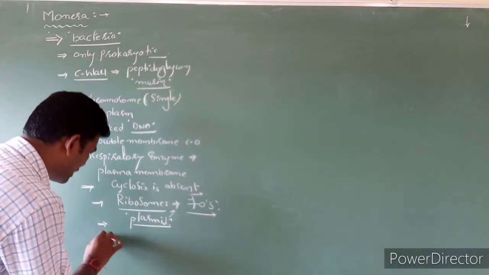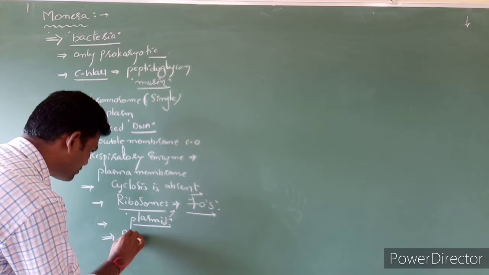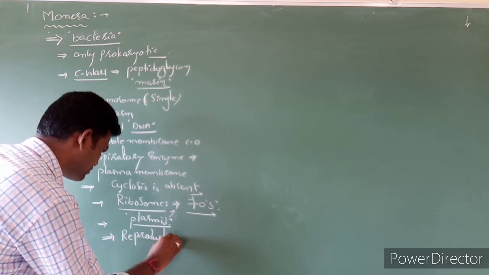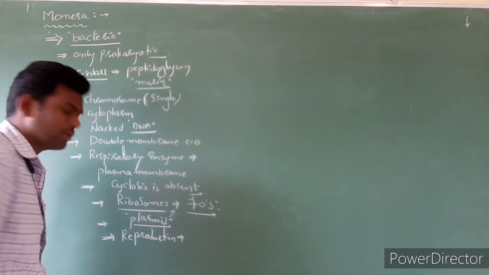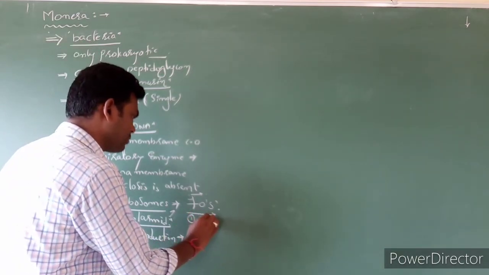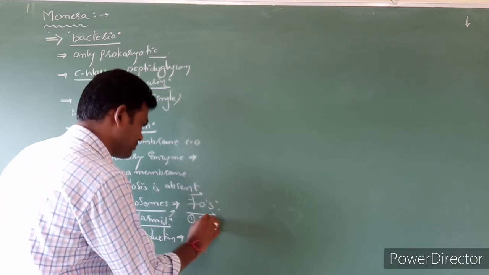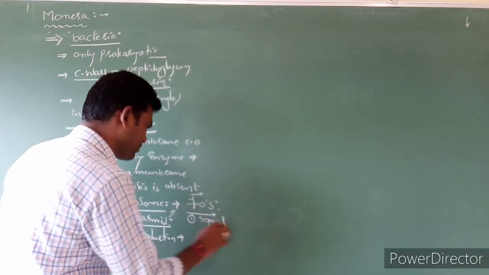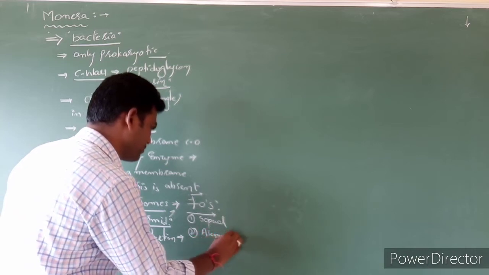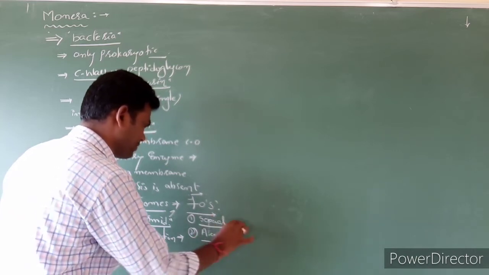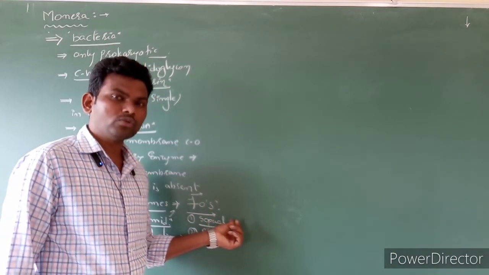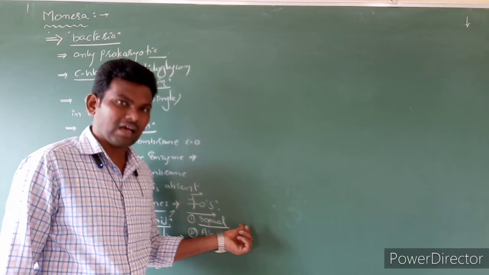Next, reproduction. Reproduction, you know, is mainly sexual reproduction and asexual reproduction. In bacteria, true sexual reproduction is actually absent.